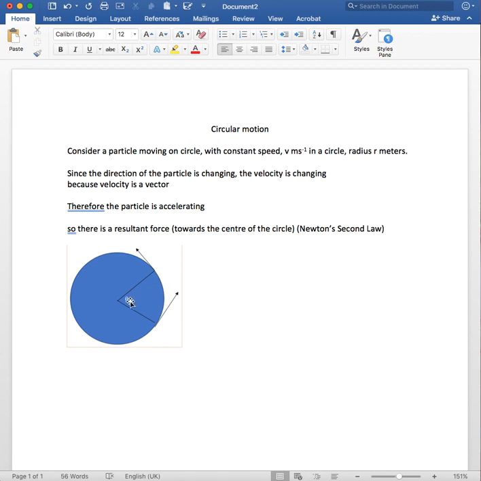If we measure this angle swept through, in a time t seconds, the particle moves through an angle theta radians. So it goes from here to here in t seconds.